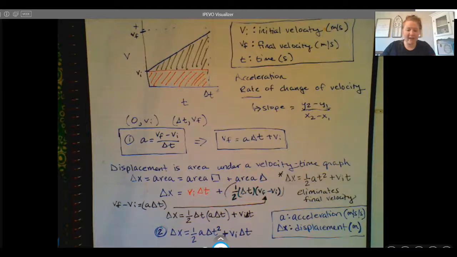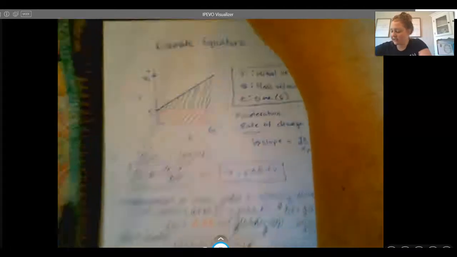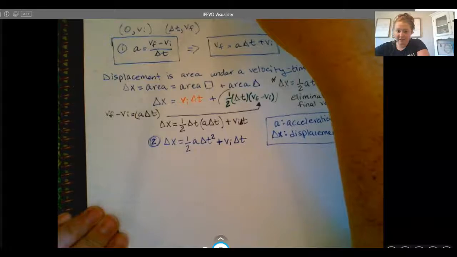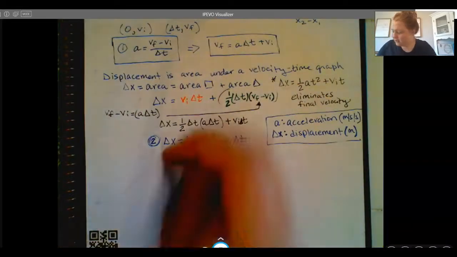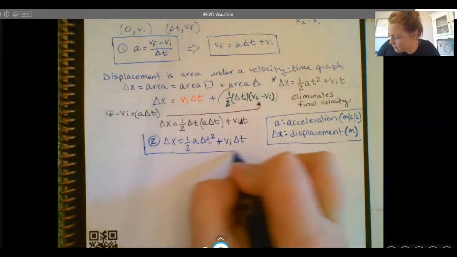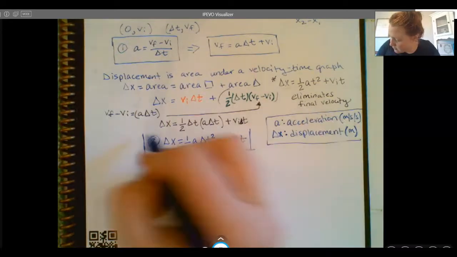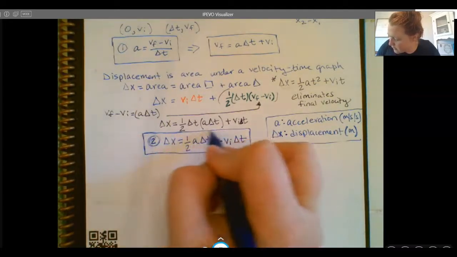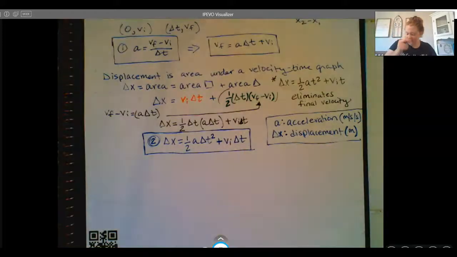Okay, there is a third and final equation that we need to derive. And the third equation, I guess I should box in this one since I boxed in the first equation. The third equation that we're trying to get to is just a mix and rearrangement of the first and second equations.